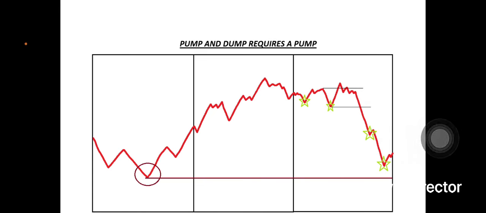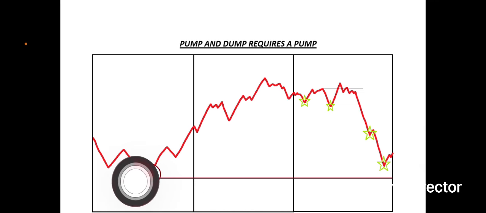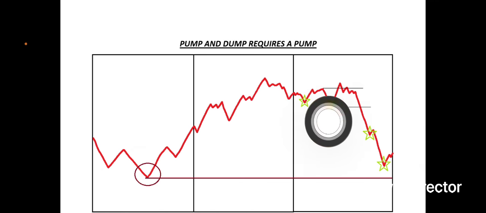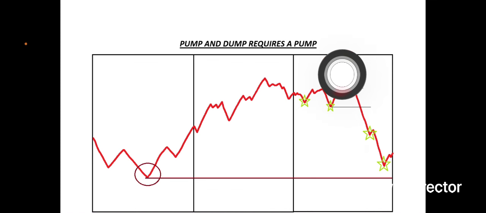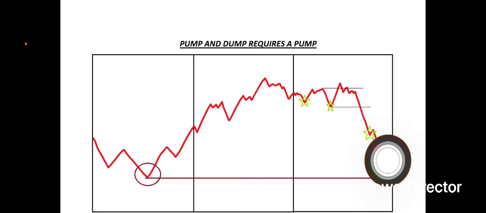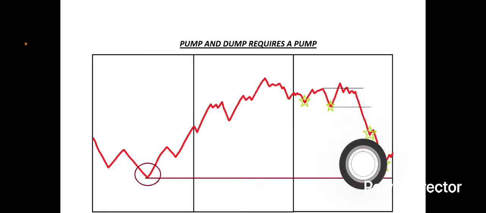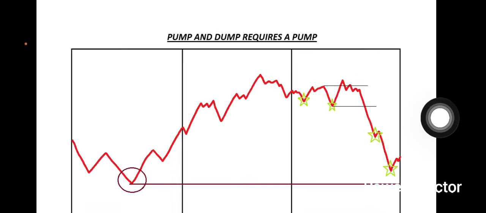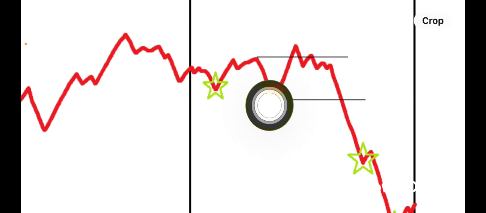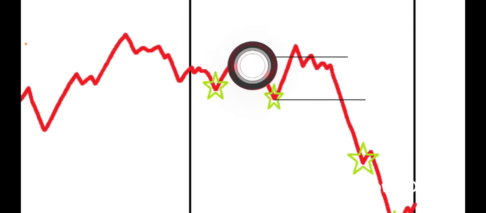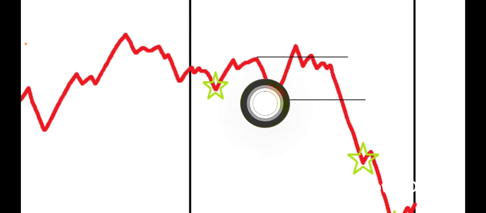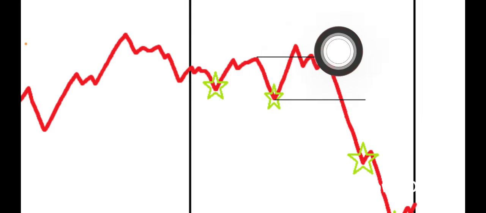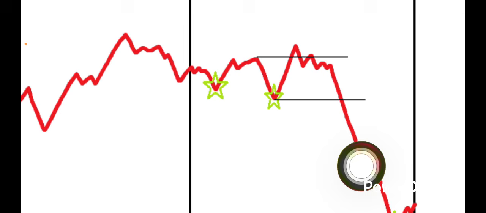That pump comes from a low. So we have that low here, we pump, we get another low on the day of the trade that begins that pump into our session. If we zoomed in just on this day, we have the most recent low and the most recent high. And when we get to the session, we are working into that high for the dump.